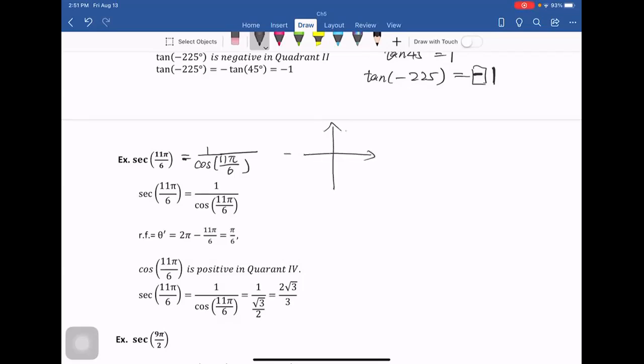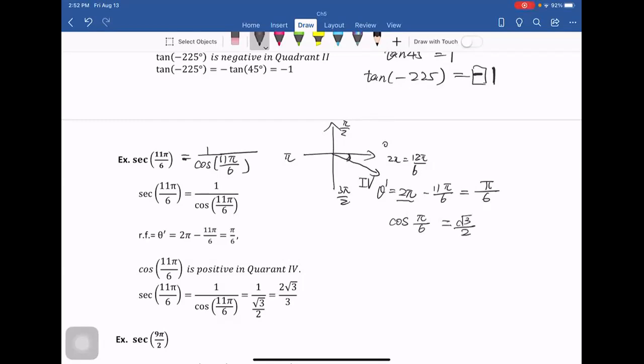This is pi, this is pi over 2, 3 pi over 2. 11 pi over 6 is here, because this is 0 and this is 2 pi. 2 pi also equals 12 pi over 6. So the reference angle in the fourth quadrant is 2 pi subtract 11 pi over 6. That's pi over 6. And the cosine of pi over 6 equals square root of 3 over 2.